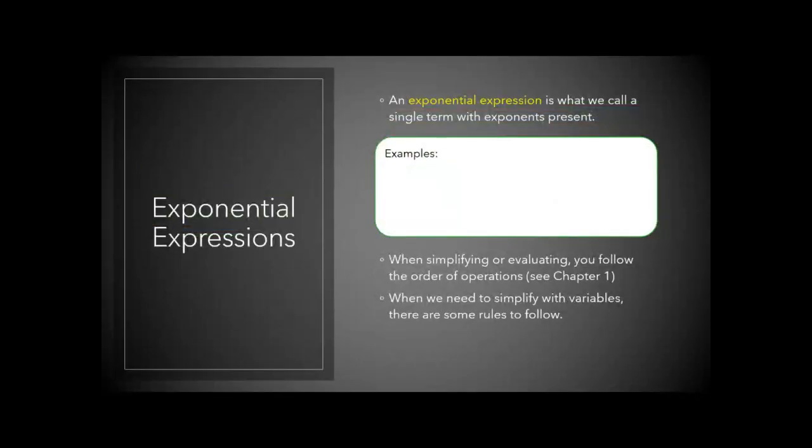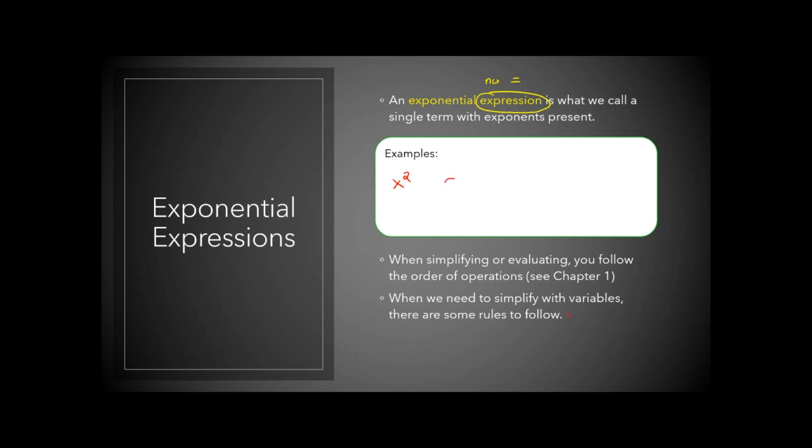Now, an exponential expression is something that involves exponents, and there's no equal sign. The key about an expression is that there is no equal sign, because if there's an equal sign, then it's an equation. So it's just something without an equal sign that has exponents. Some examples of this could be x squared, which is a very common exponential expression.